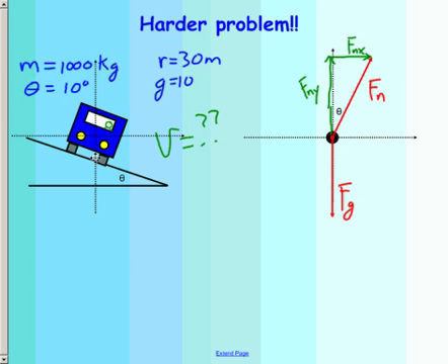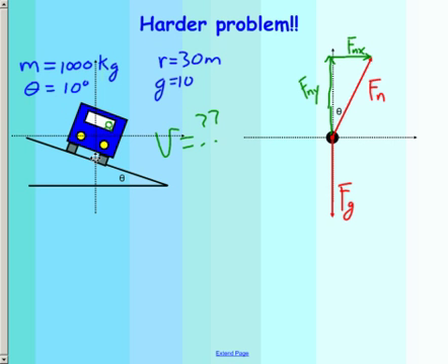Is the car going to fly up, straight up in the y direction, or straight down? No, it's not. So those two forces should balance, the force of gravity and the normal force in the y direction. But look, there's a force in the x direction. There's a component of the normal force pointing in the x direction. That's what's giving me the centripetal force to go in a circle.